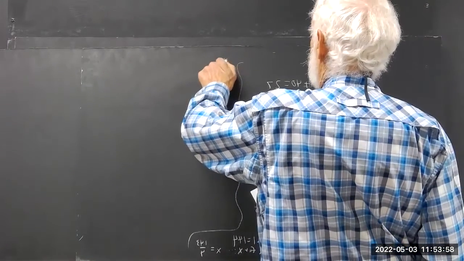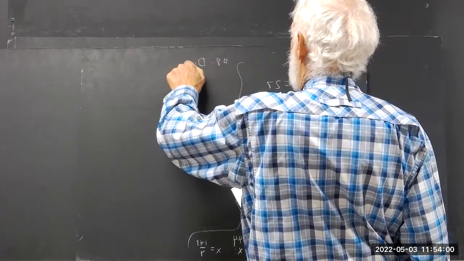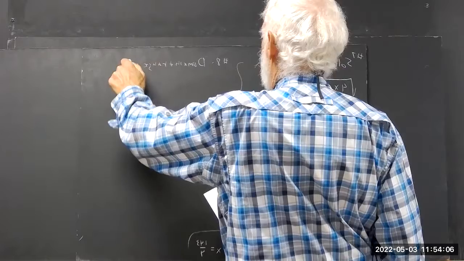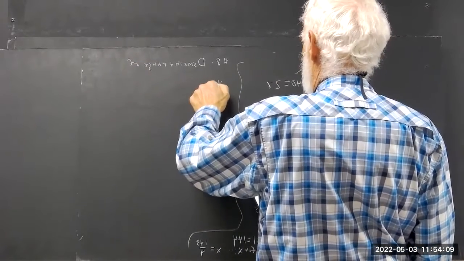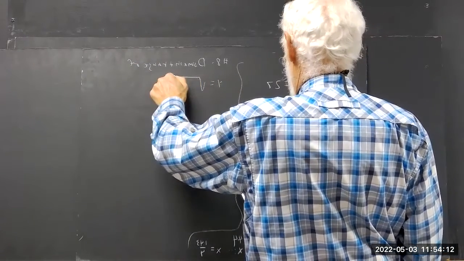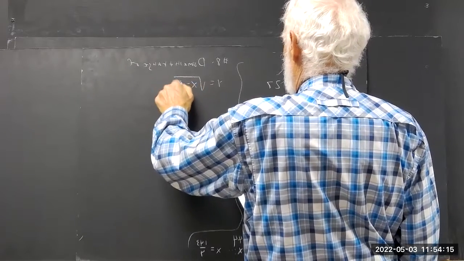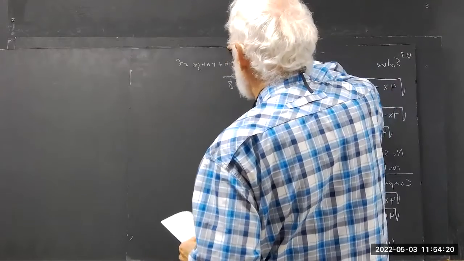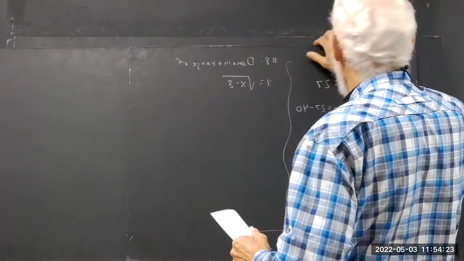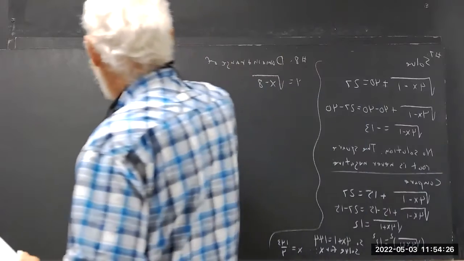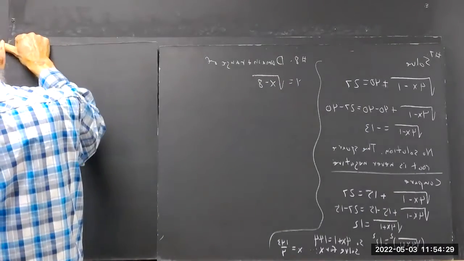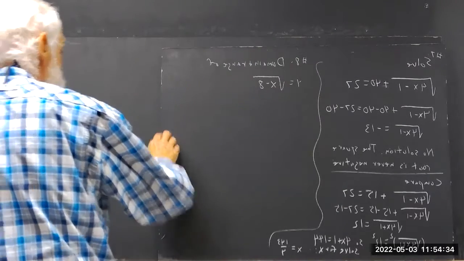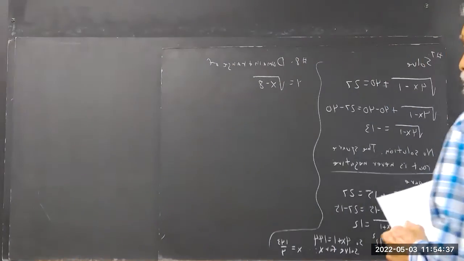Okay, now number 8. Domain and range of y equals the square root of x minus 8. Okay, we got y equals the square root of x minus 8.